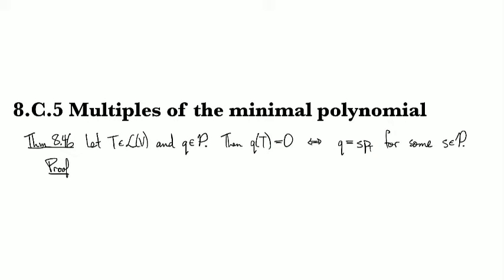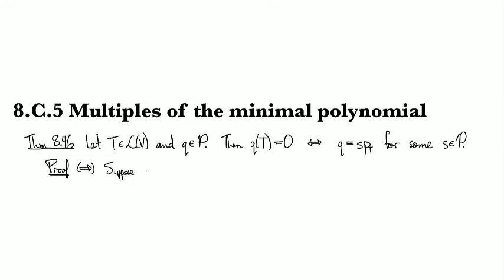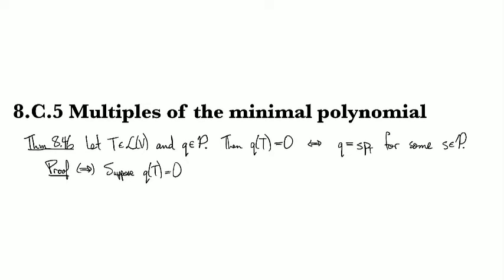For the proof of this one, it's an if and only if, so we'll do the forward direction first. Suppose we have that q of T is the 0 operator.